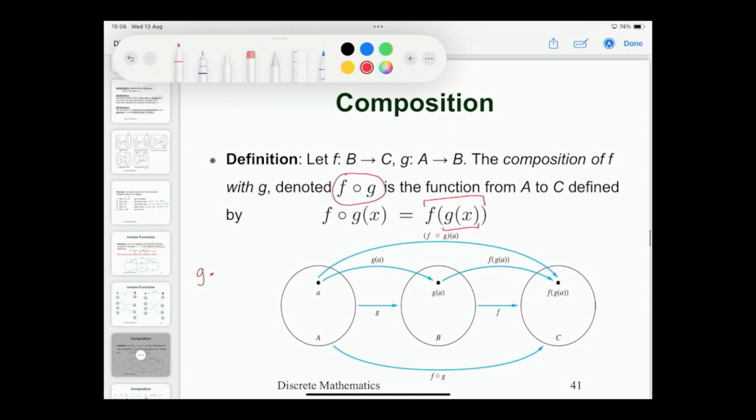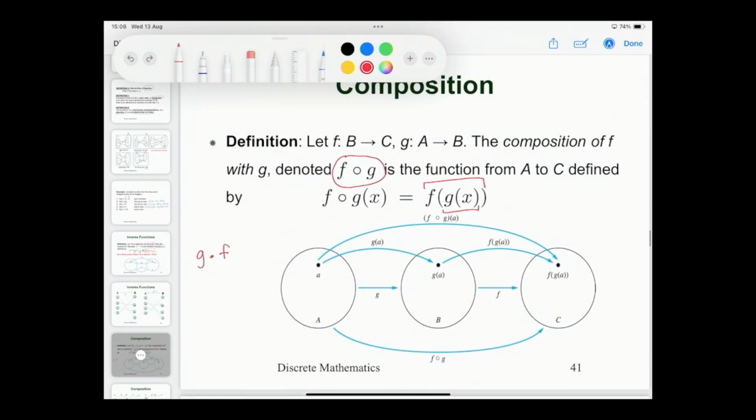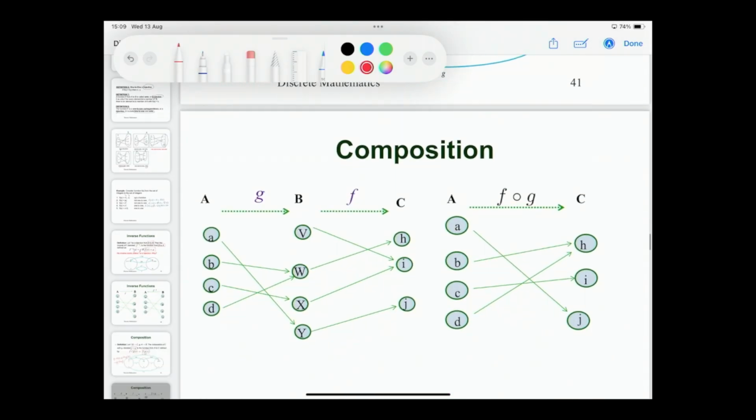g∘f(x), this is not the same as f∘g, right? Because this one would be g(f(x)).